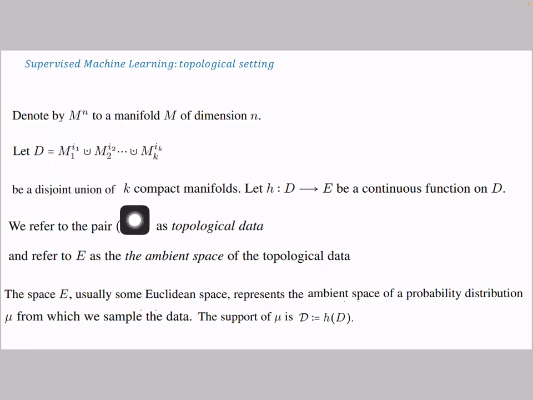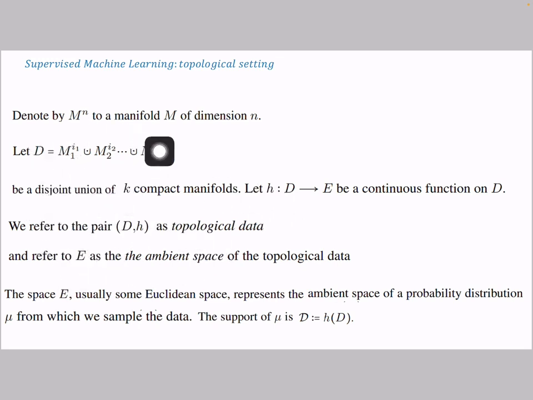I'm going to define the term topological data to be a continuous function h from this set D to some ambient space E, where E is usually some Euclidean space. I'm going to call the pair (D, h) topological data, and E here is called the ambient space.